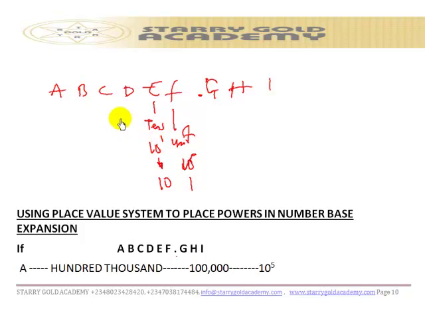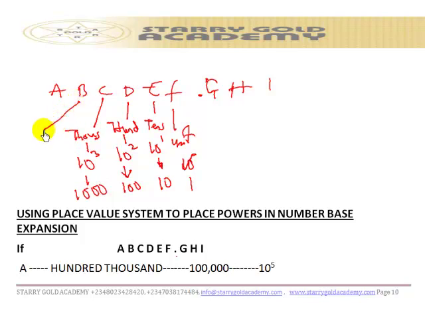My D is my hundreds. My 100 is 10 raised power 2, and that's 100. C here is my thousand. A thousand is 10 raised power 3, and that's 1000.